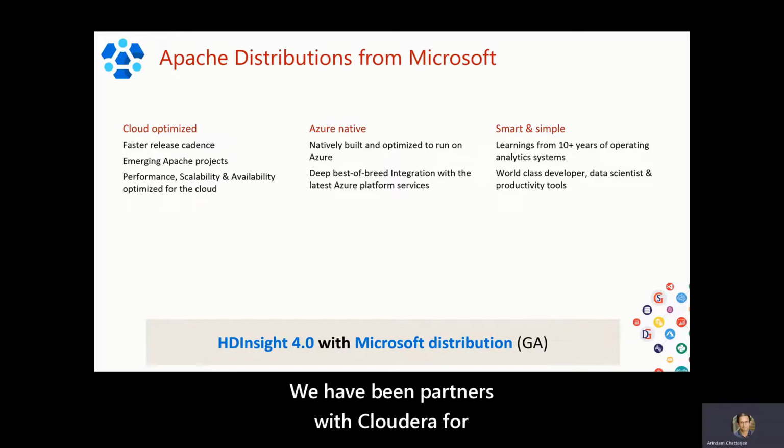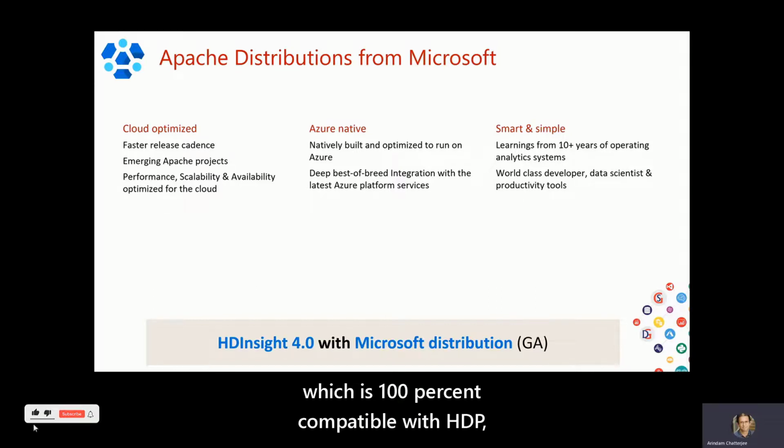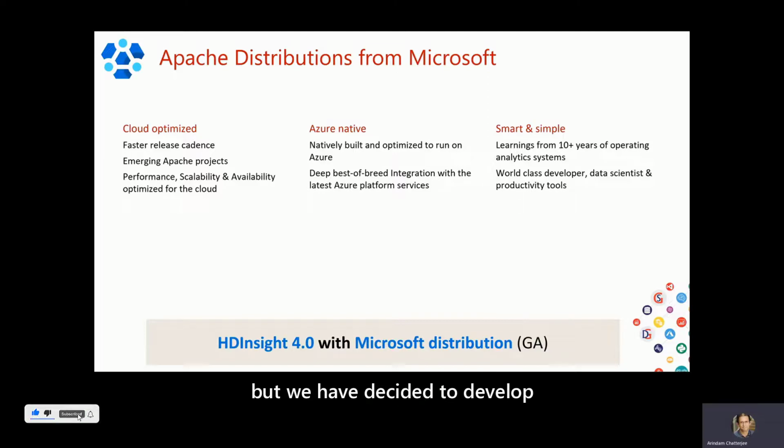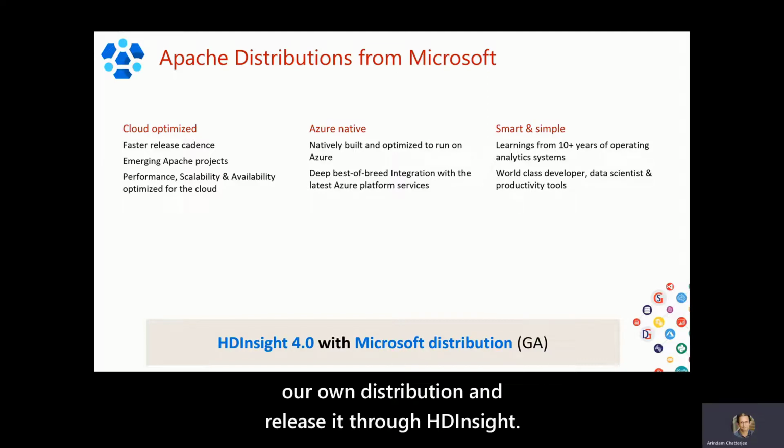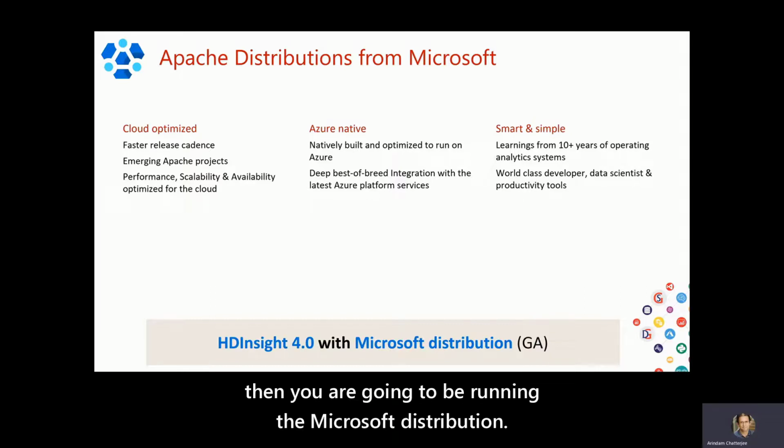We have been partners with Cloudera for a very long time, and we continue to do that. But now, more recently, we have decided to develop our own distribution, which is 100% compatible with HDP, and release it through HDInsight. So today, if you create an HDInsight 4.0 cluster, then you are going to be running the Microsoft distribution.